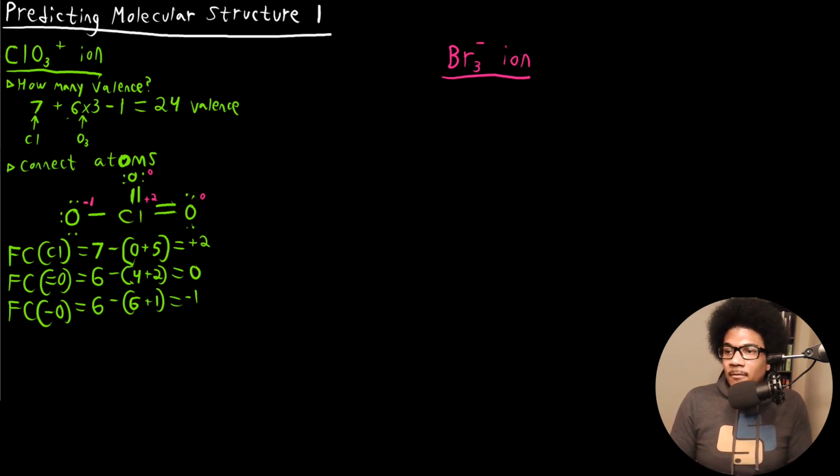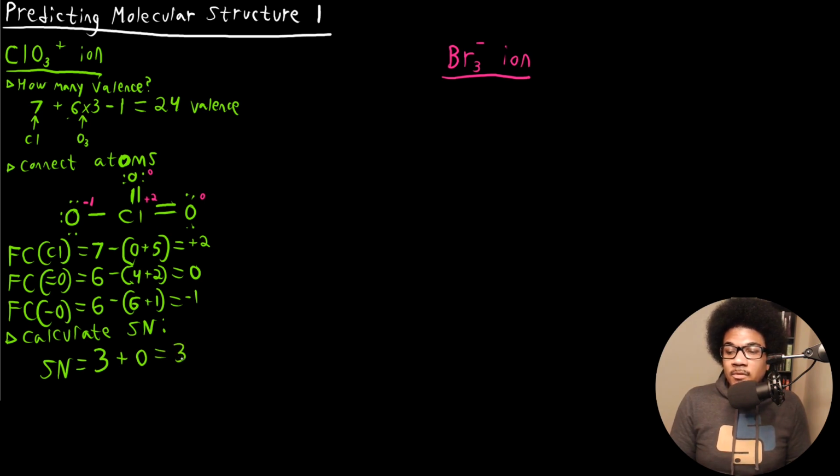Now we have to go through our VSEPR theory steps. So first we're going to have to calculate the steric number. For the central chlorine, we're going to have 3 bonded atoms, so we have one oxygen here, one here, and one here. Plus, we got no lone pairs around this chlorine, so we're going to put a 0 there.